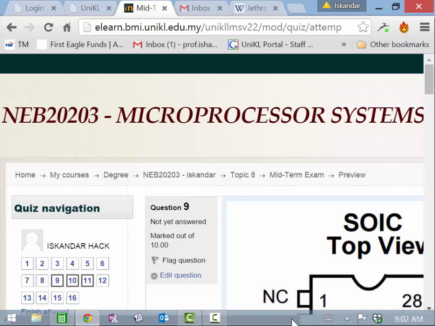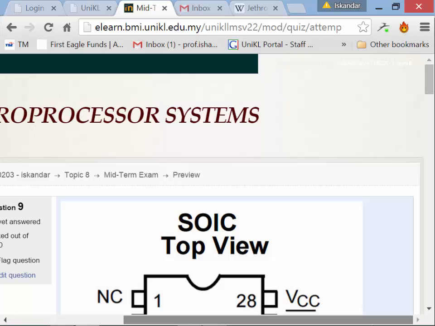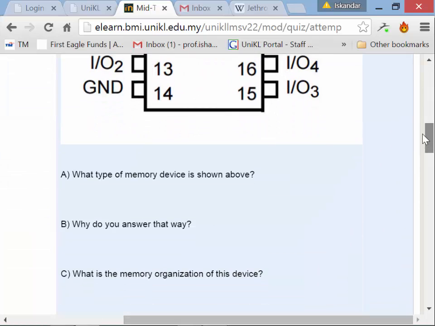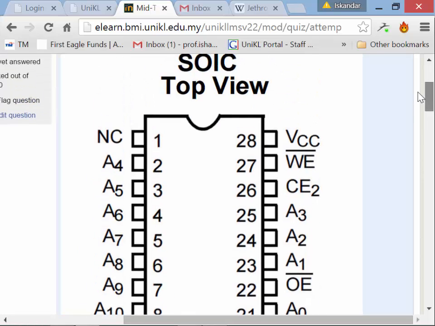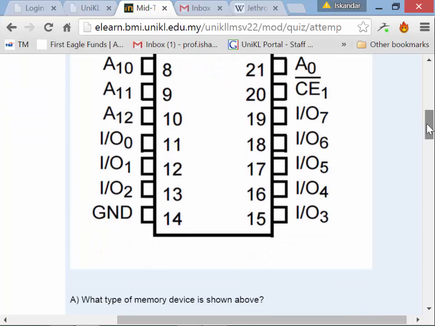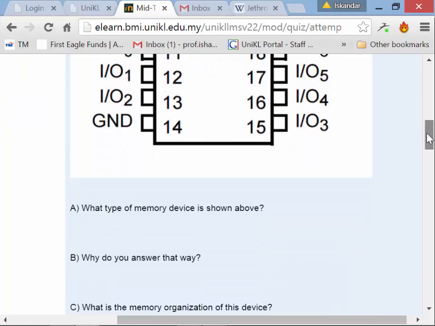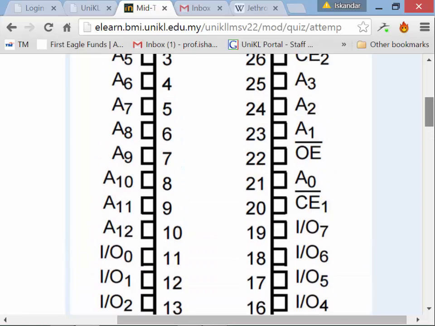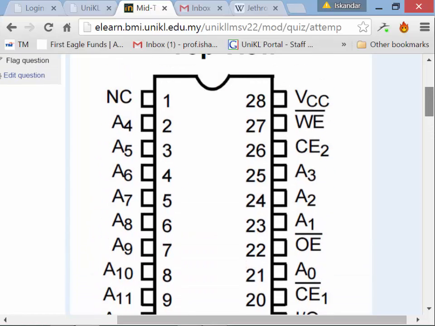We can get okay. This again is a chip right there. What type of memory device is this? And this is a RAM device. There are multiple ways that you can answer this, but this is a RAM.